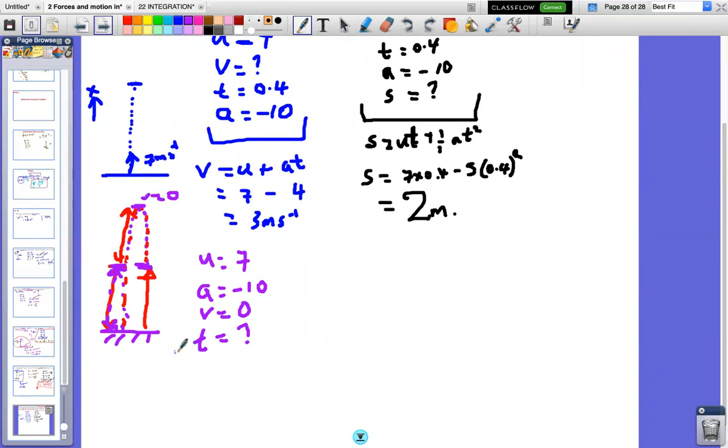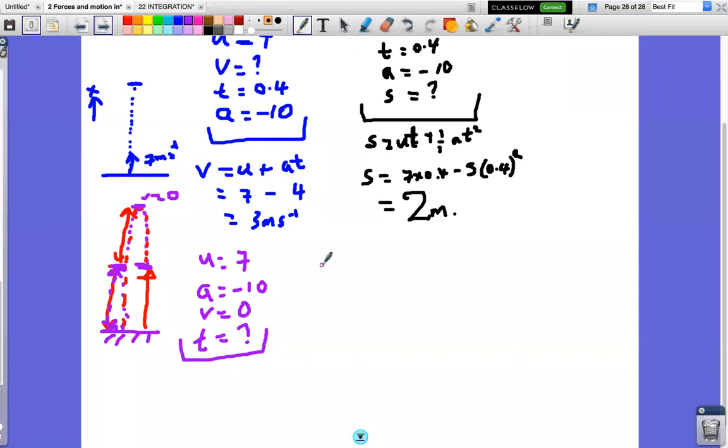All right? So which equation do we use to look for t? V equals u plus at. So this means 0 should be 7 minus 10t.